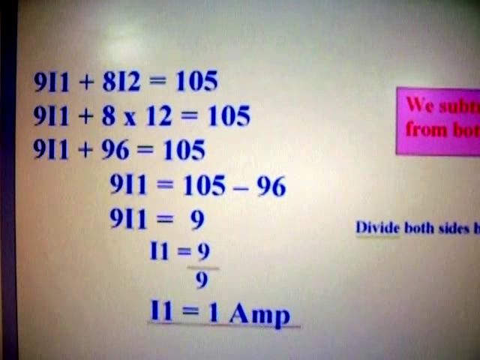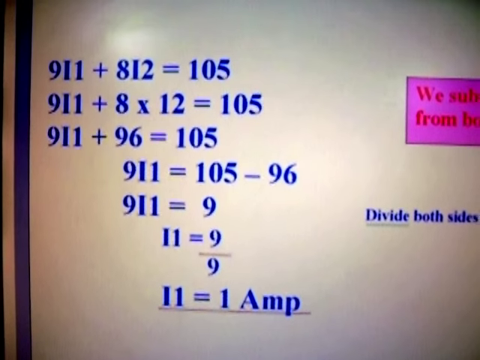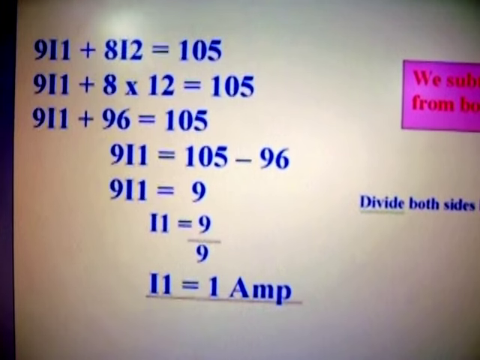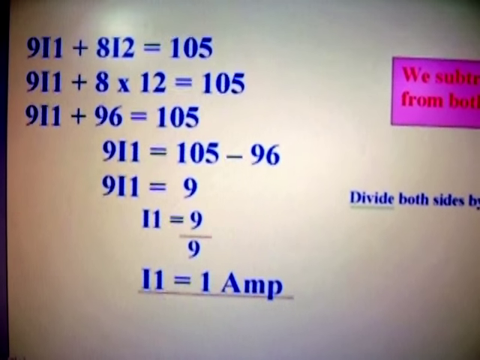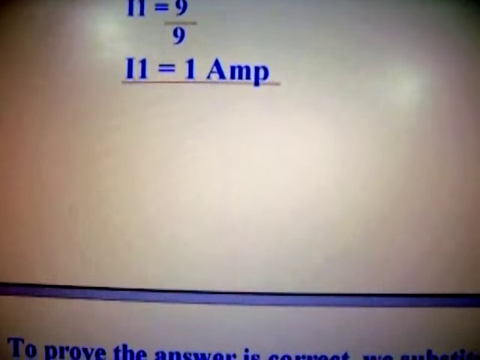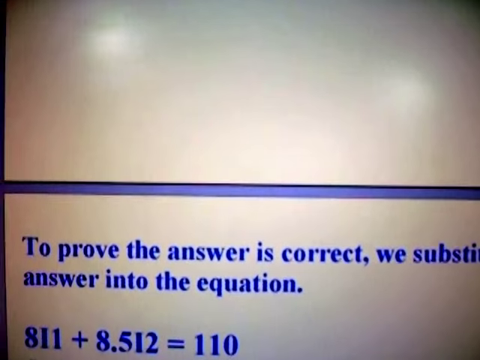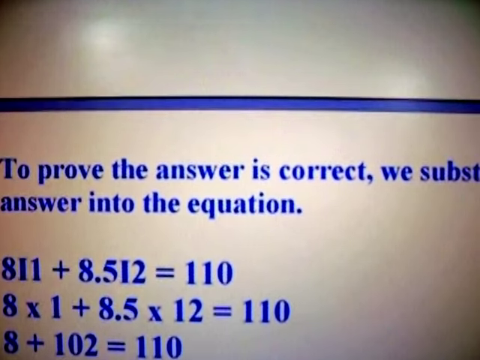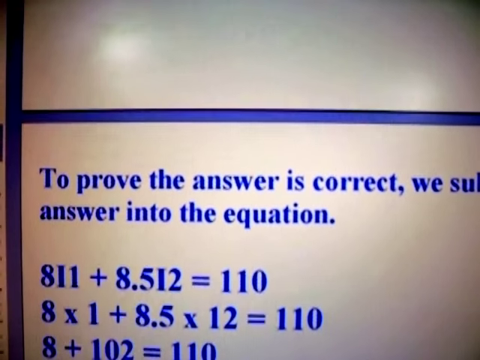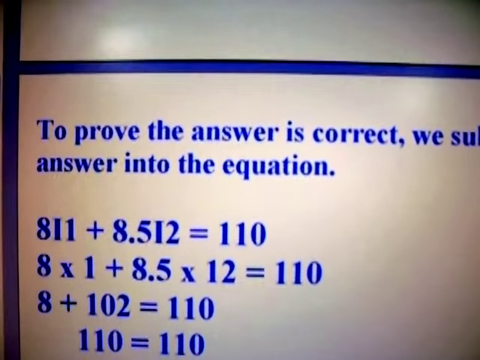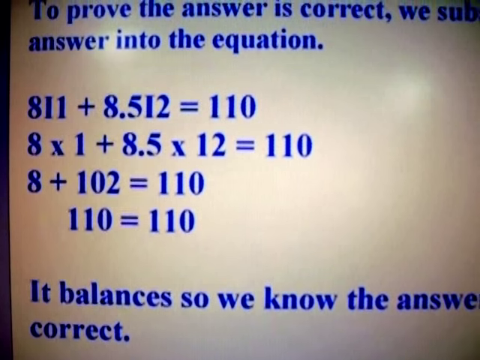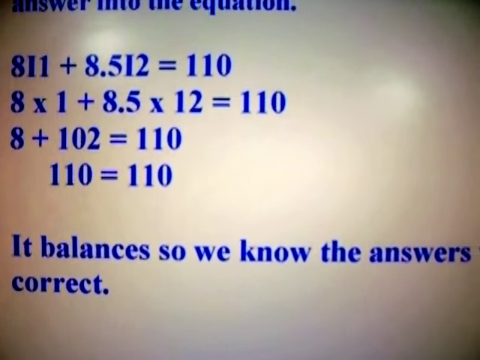And here you can see that I1, once you have done the process and you've applied the formula and calculated it out, will be equal to 1 amp. And here to prove that the answer is correct, we put it back into the equation, or we substitute it back into the equation. And here we know it's correct because both sides have balanced.